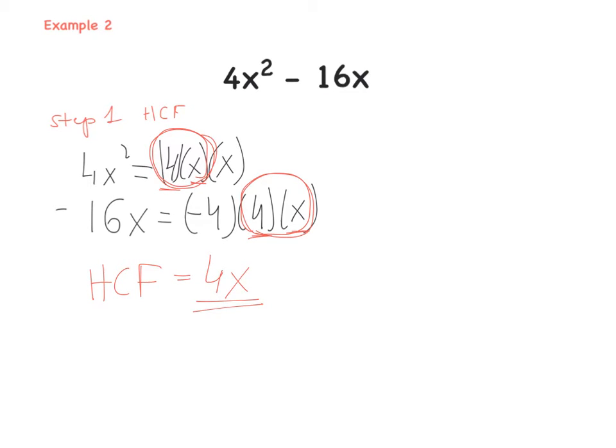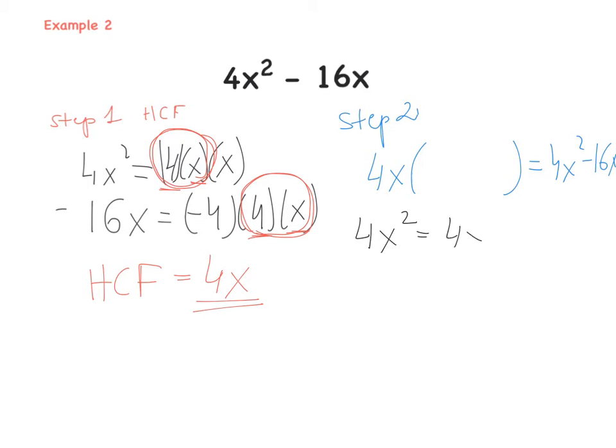So the first step is done. Now we can go to the next step. We can place 4x in front of the bracket, and we just need to figure out what the bracket is. We know that this equals 4x squared minus 16x. So 4x squared we can write as 4xx, divided by 4x.